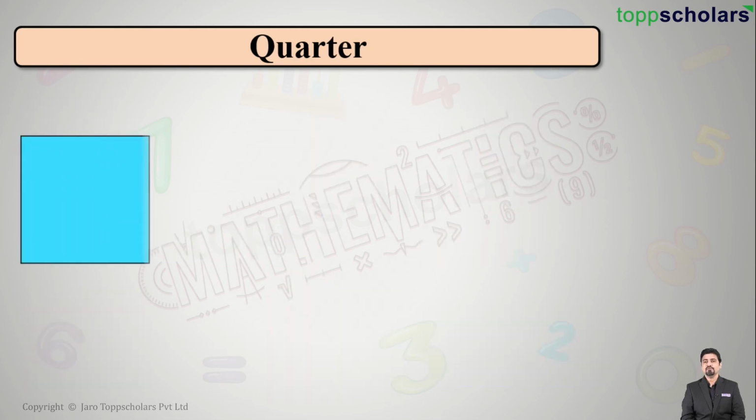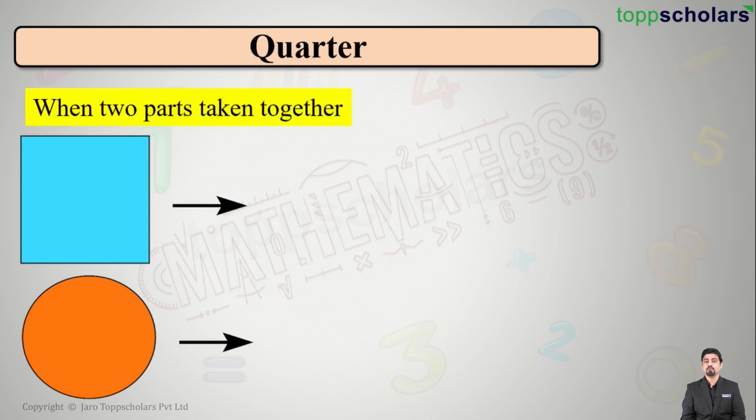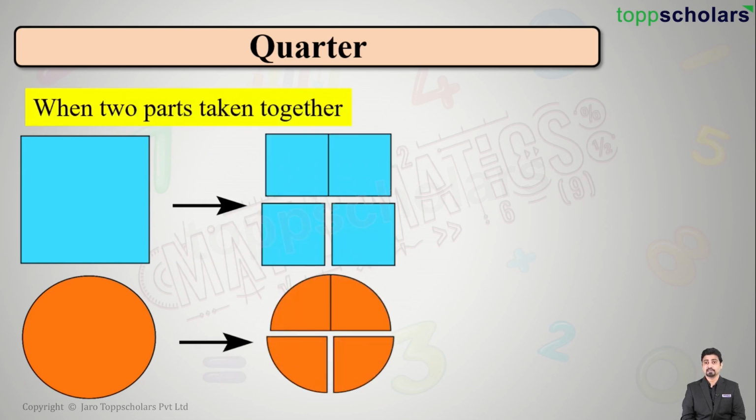Now, if I divide the square and circle in four parts each, but out of the four parts, I take two parts from each shape. So I take two parts of the square out of four parts. I take two parts of the circle out of four parts.